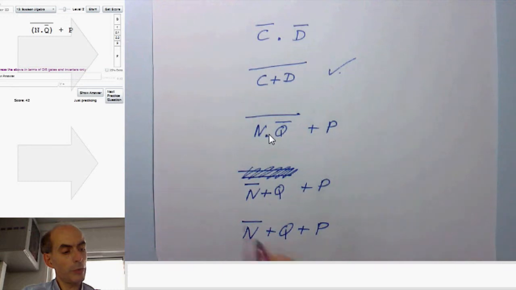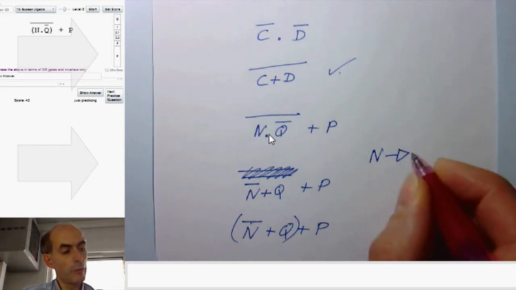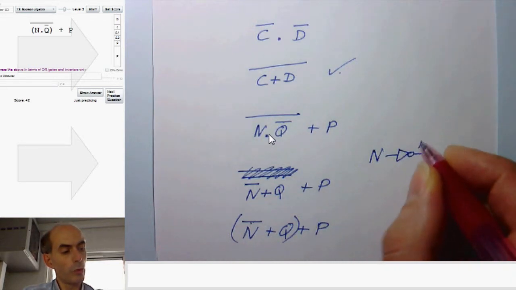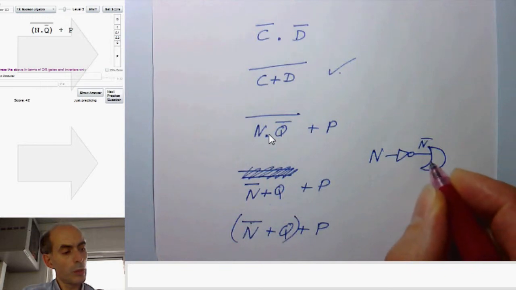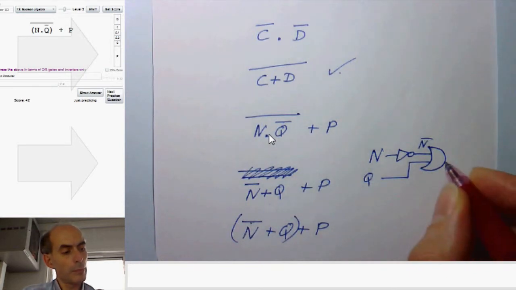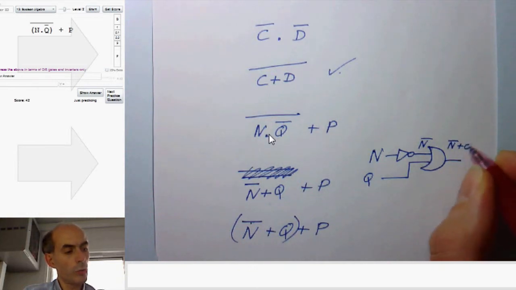If I express this like this, then this is one inverter and one OR gate, and the output of this OR gate would feed another OR gate. If I were to write this out in terms of a circuit, I would end up with N going through an inverter to form not N there, that going through an OR gate with Q, and that would produce not N or Q there.